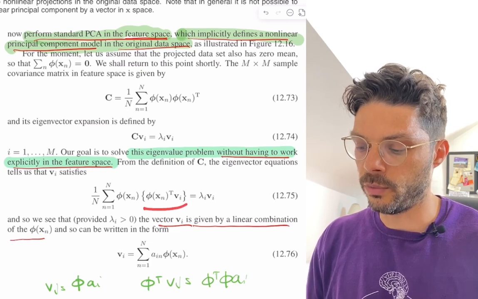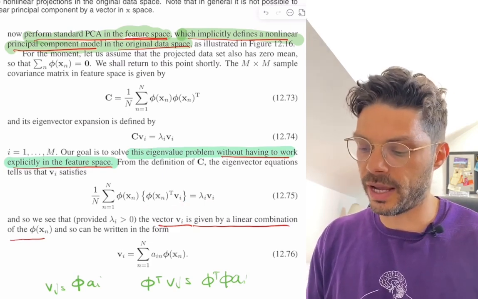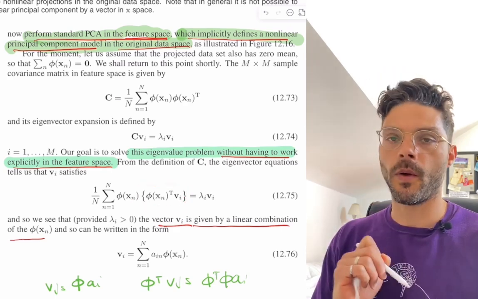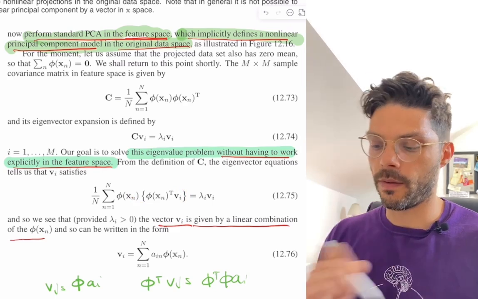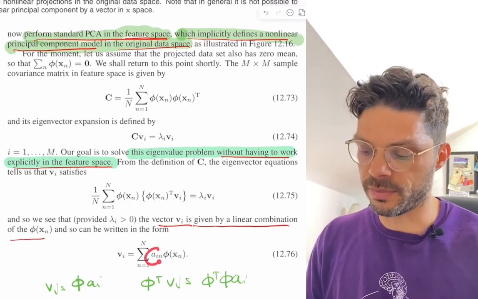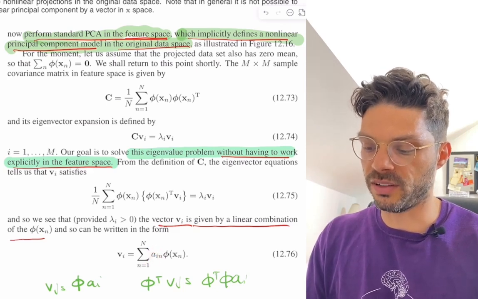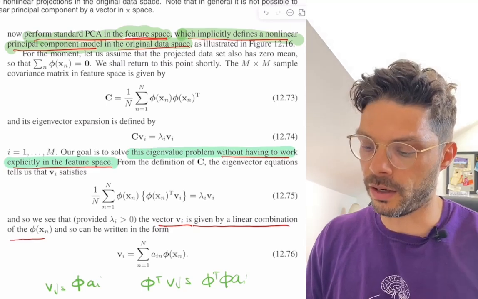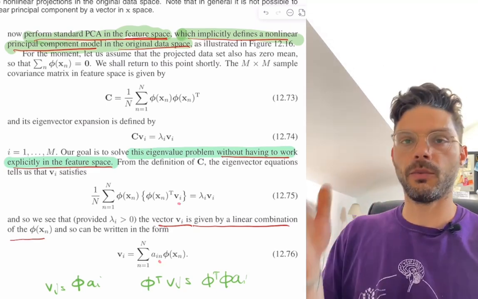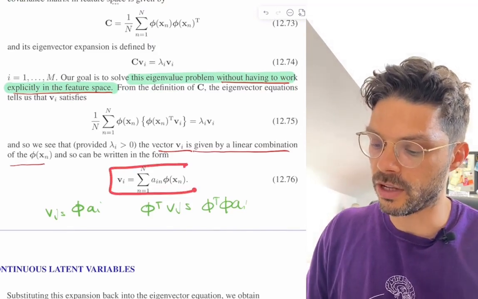So we can write this vector v_i as, up to scaling, the feature mappings of each of the points times some unknown value, which we'll figure out in a second. For the moment, you can say this is some constant that depends on n and on i, the corresponding eigenvector.